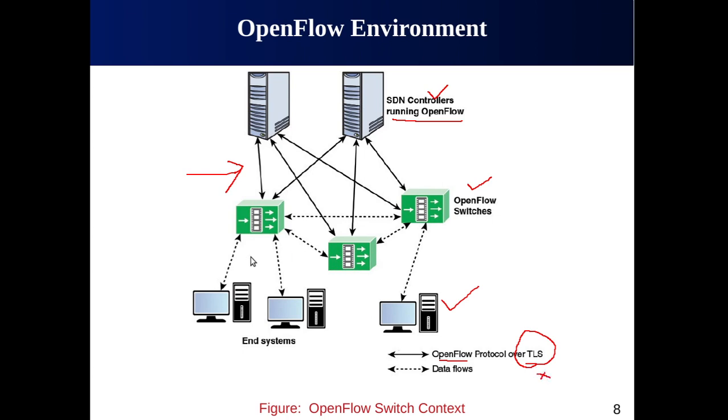We also have the data communication, data flows, and you see the data flows between the end system and the OpenFlow switches. And also there is horizontal communication of data flows between different switches. Now let us see what is inside an OpenFlow switch.